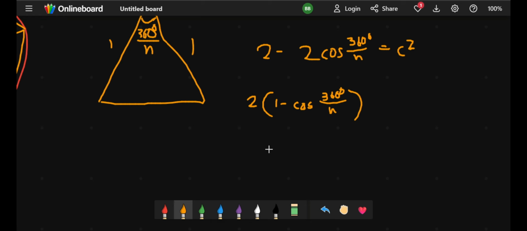So we can say, oh well, 1 minus cosine of 360 over n, we can rewrite as 2 times sine squared, which is just the sine with brackets over the whole thing and squared, of 360 over n over 2.